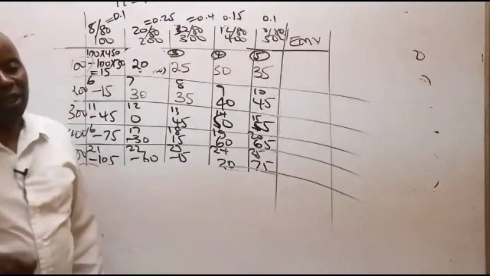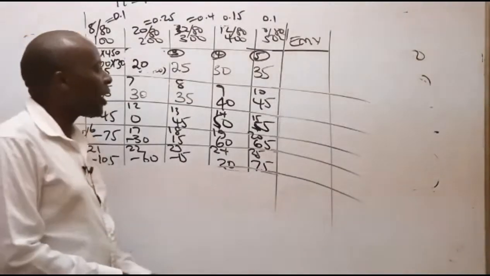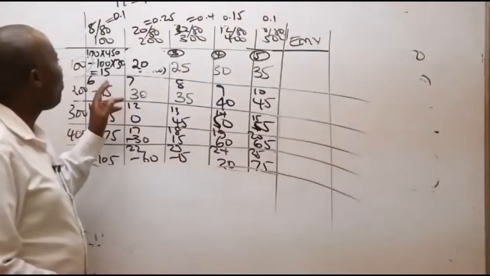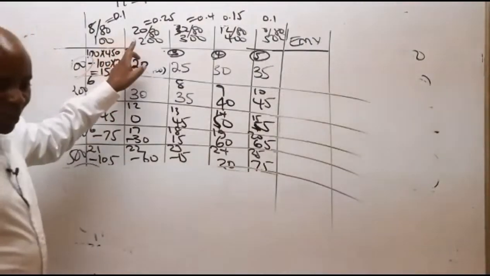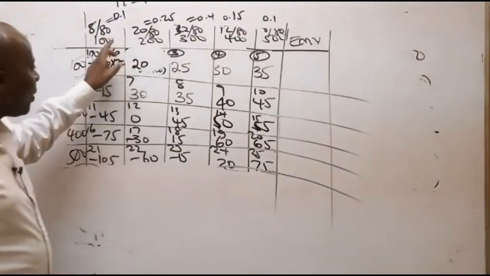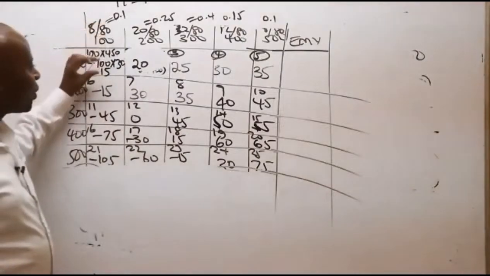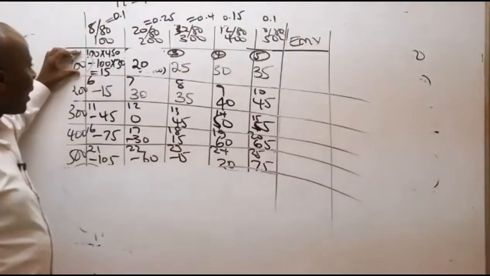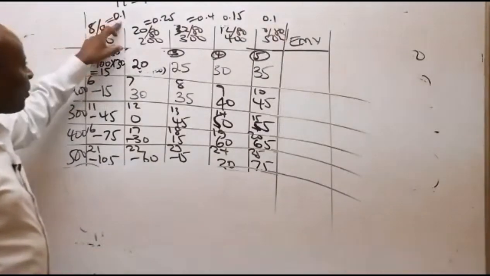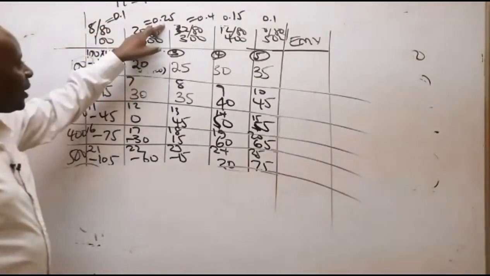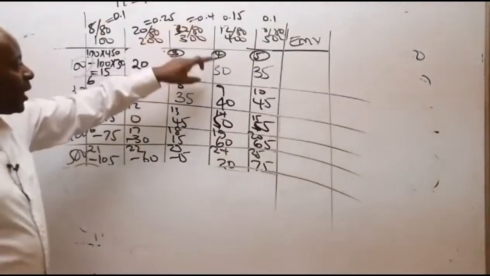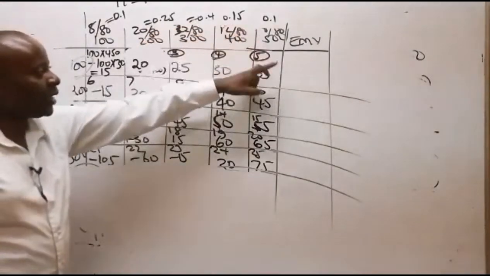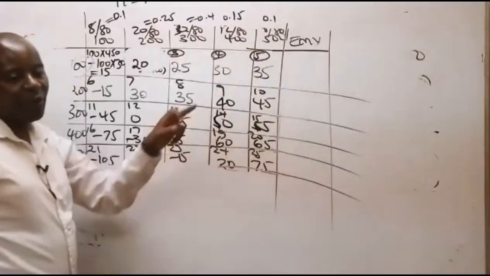What they're telling me is that we need to pick not 100, but expected profits. For cell number one, I'll take the profit here times the probability, plus times this, plus times that, and then I'll be able to get expected monetary value.